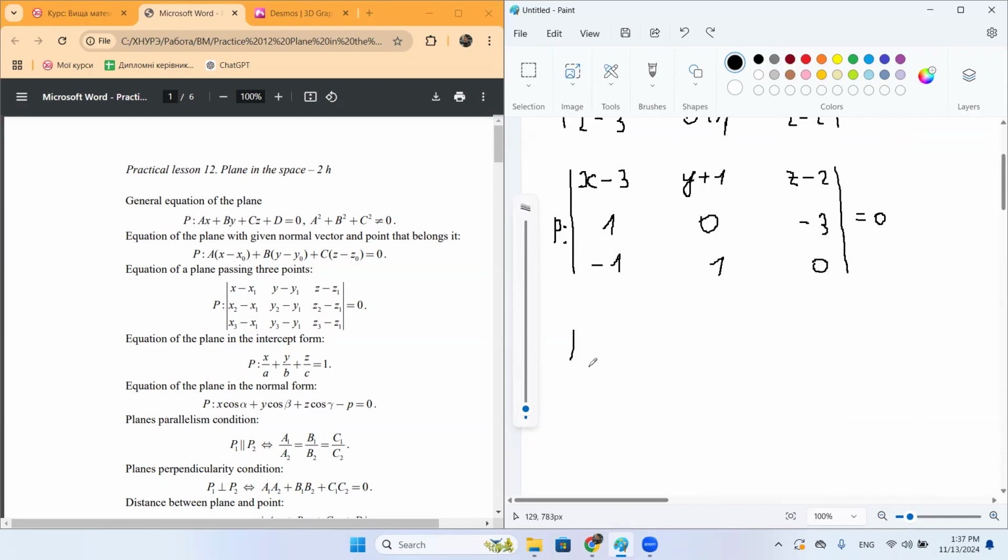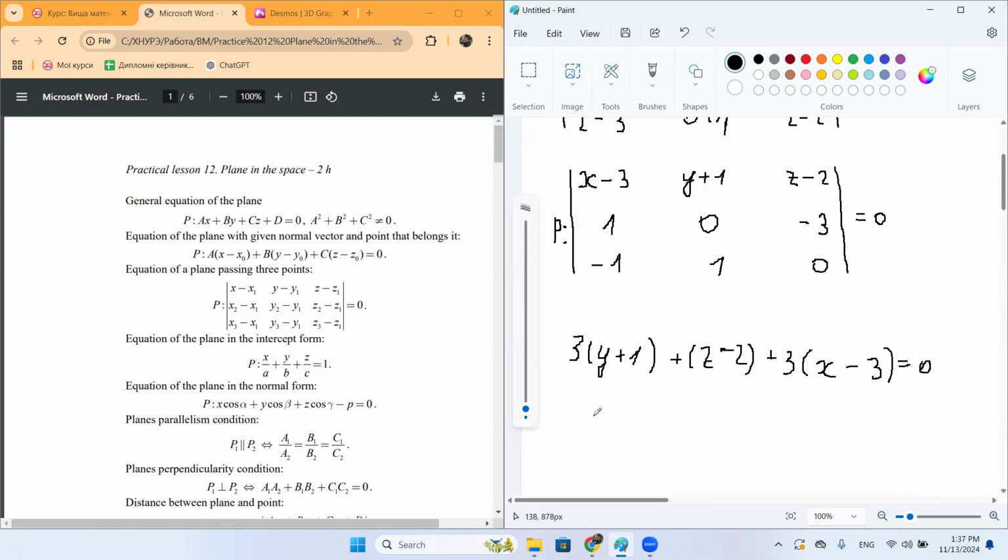Okay, we'll erase P just not to get in the way. Okay, so 0, 3 by y plus 1, plus z minus 2, 0, plus 3 times x minus 3, and 0 for y, so it equals 0.